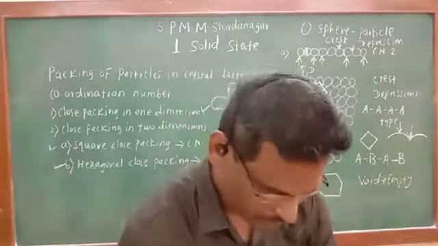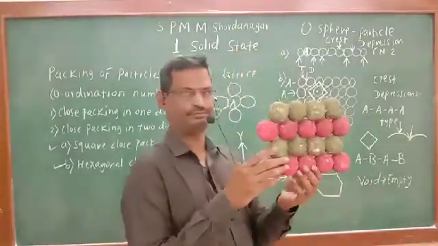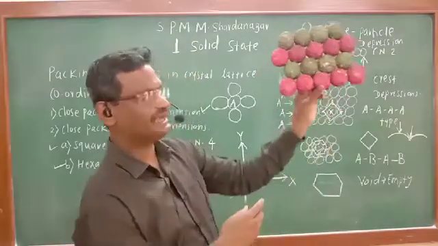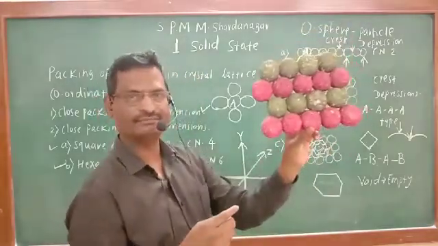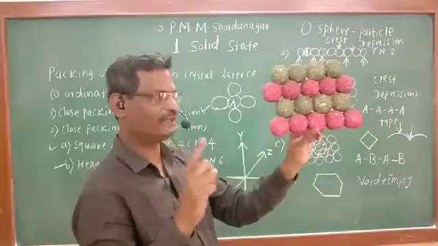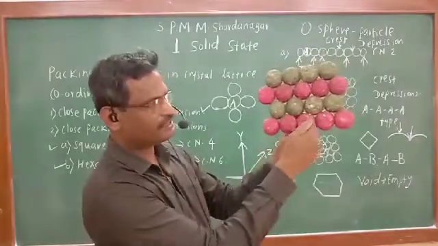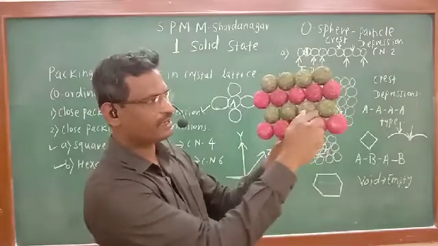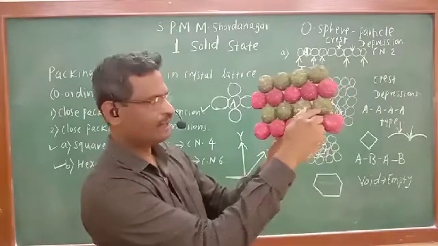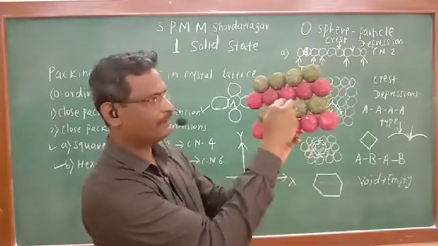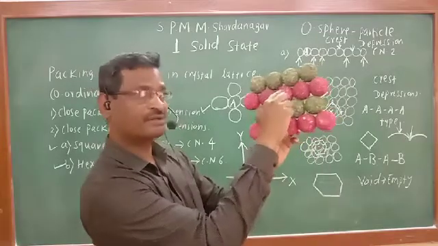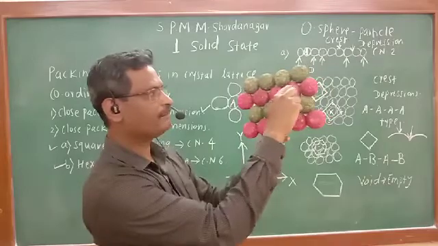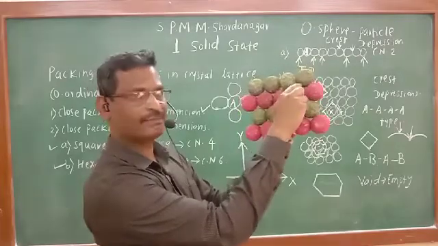Now, if we see this second arrangement, can you tell, is it A or AB? This is AB because in the depression of the first layer, crests of the second layer are placed. Then in the depression of the second layer, crests of the third layer are placed. And in the depression of the third layer, crests of the fourth layer are placed.